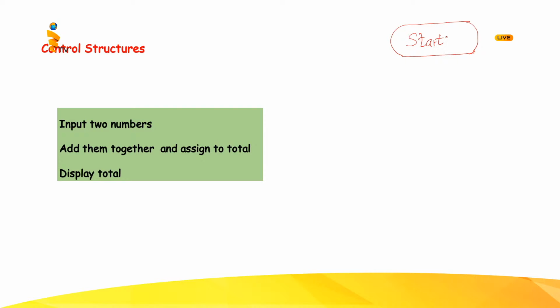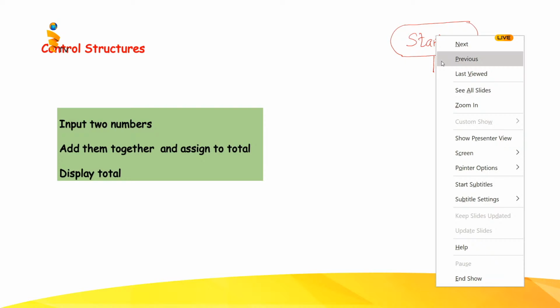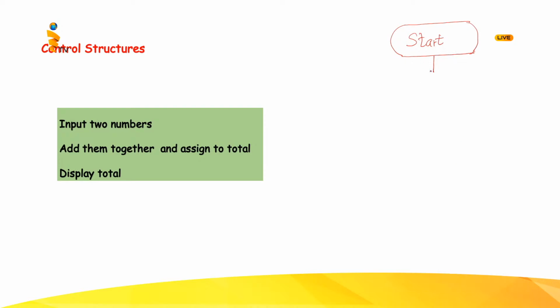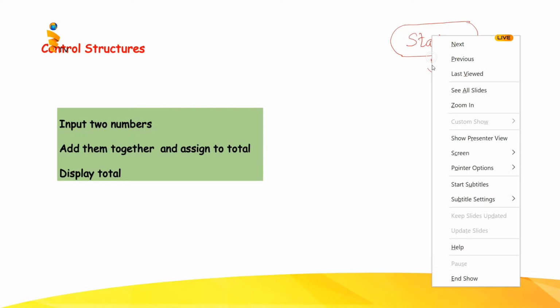It is a rounded rectangle. Then I have to show the flow. I can show the flow using an arrow. I can use an arrow to show the program flow.